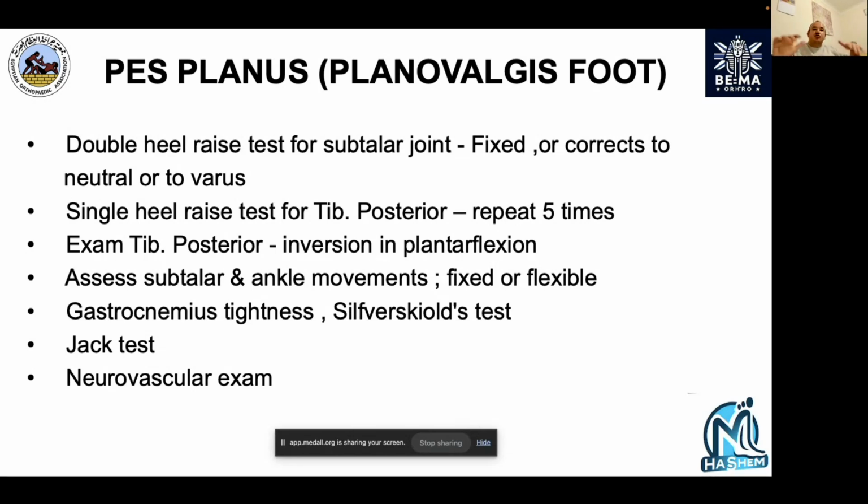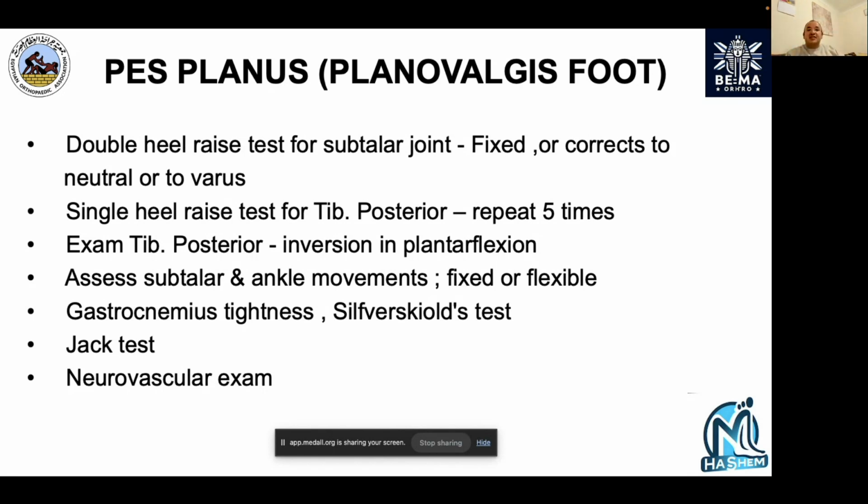You ask this patient to do a double heel rise, and for the double heel rise, you need to understand you're just looking at the subtalar joint to see if it's moving or not. So you compare, normally you have the physiological 5 degrees of valgus on a stance, and when you walk or when you stand on tiptoe or you do a double heel rise, if the subtalar is supple, both calcanei will go into varus.